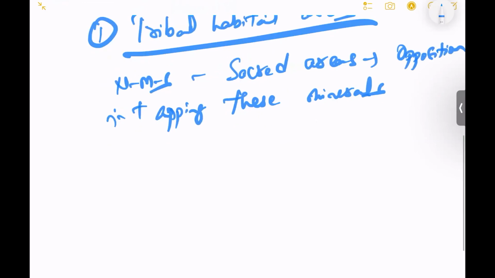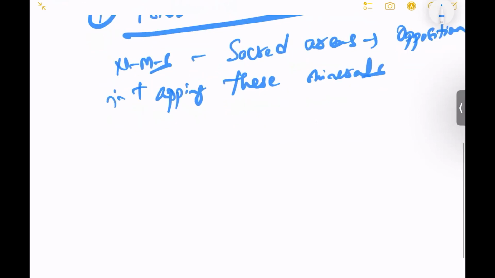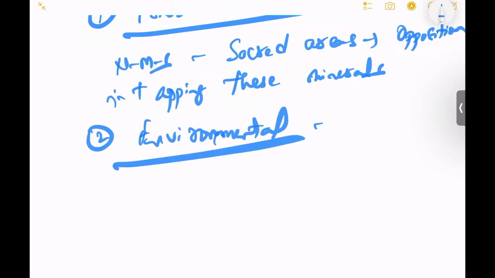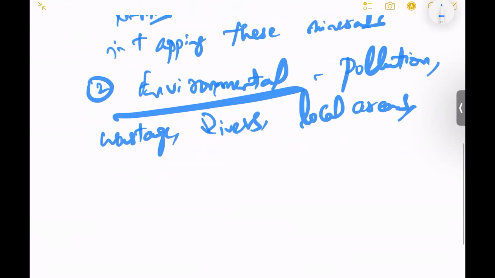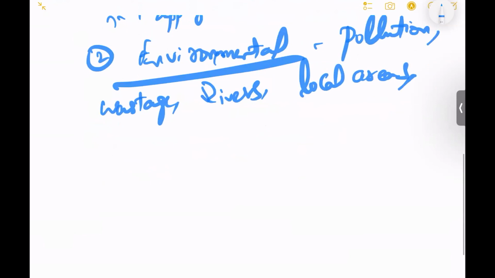Second point is environmental concerns, environmental issues. What are the environmental issues? The pollution, the wastage, rivers being polluted, local areas, then groundwater, etc. Number 3 is displacement.